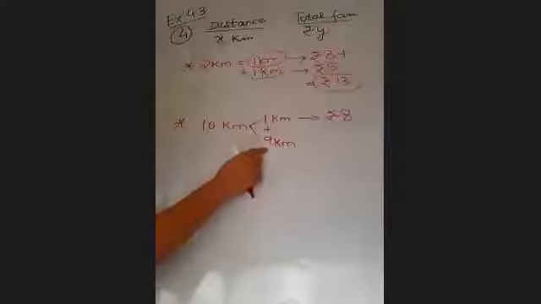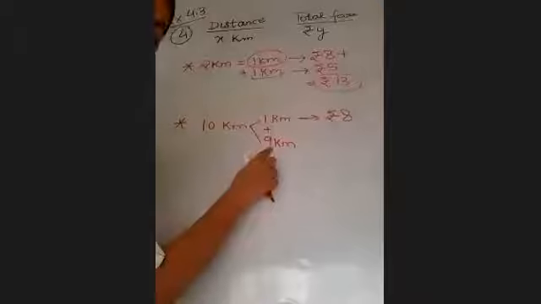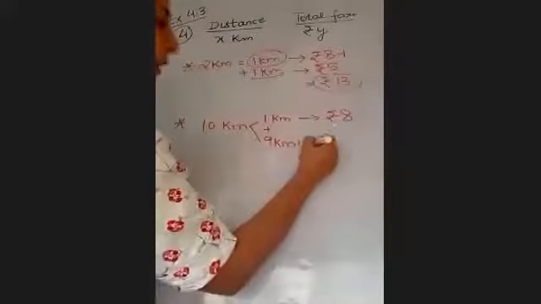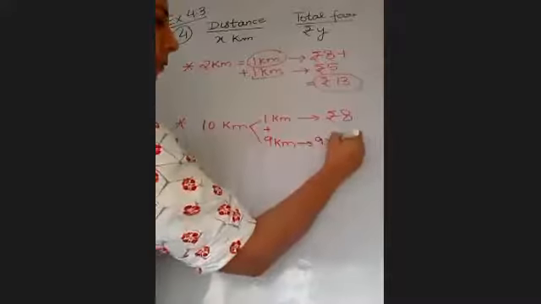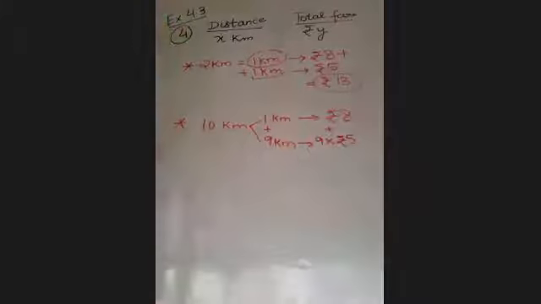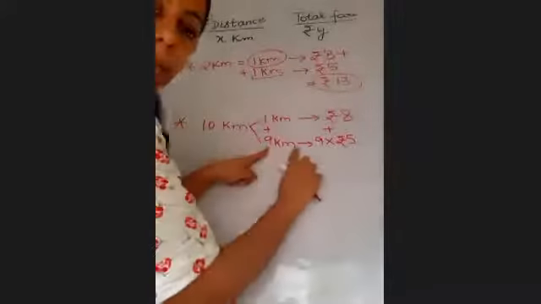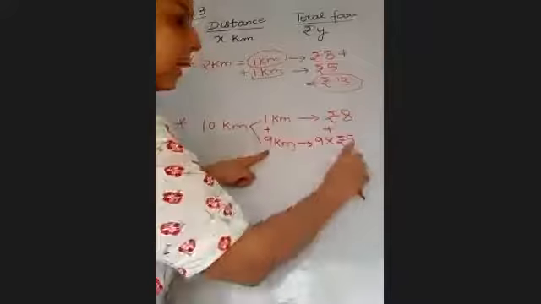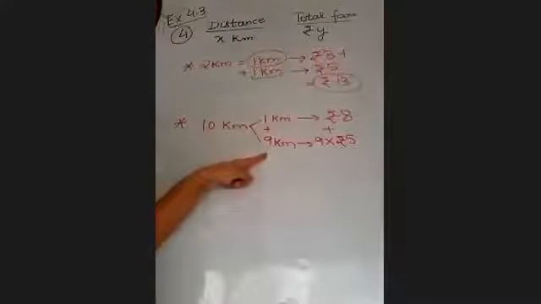For the next 9 kilometers, for 1 kilometer it is 5, so 9 into ₹5 is 45. So for 9 kilometers, 45. Are you getting my point, children?